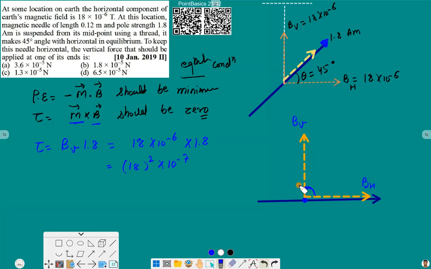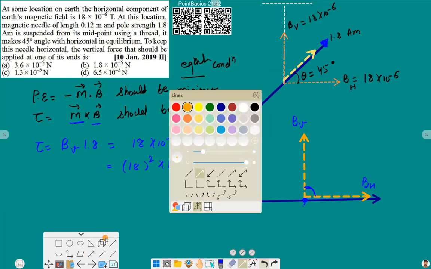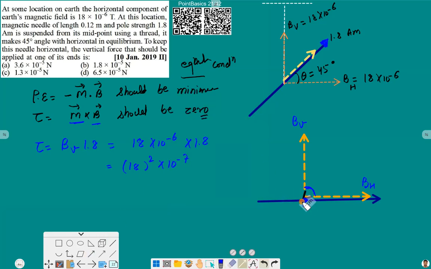So our torque is acting along the positive z axis. So let me draw the z axis here. This will be something like our z axis, and we will have torque here, something like this.